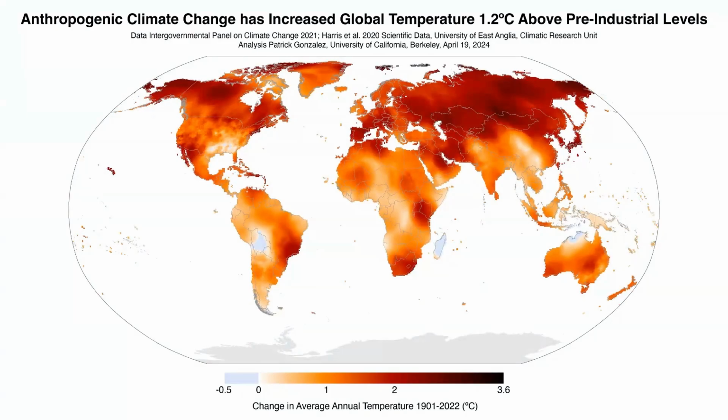This map shows the change since pre-industrial, and the darkest reds here are 3.6 degrees Celsius above pre-industrial. So that's about 7 degrees Fahrenheit. The average is 1.2, but it, of course, exhibits a lot of spatial variation, particularly the high latitudes are heating up more, and it's hard to see at this spatial resolution, but also high elevations, mountain areas are heating up more.